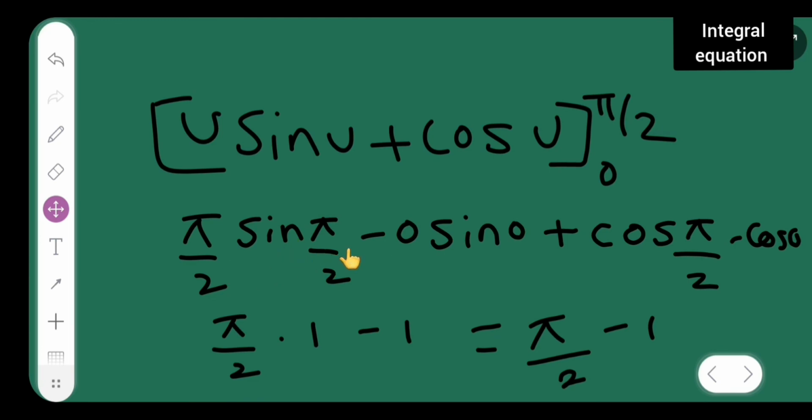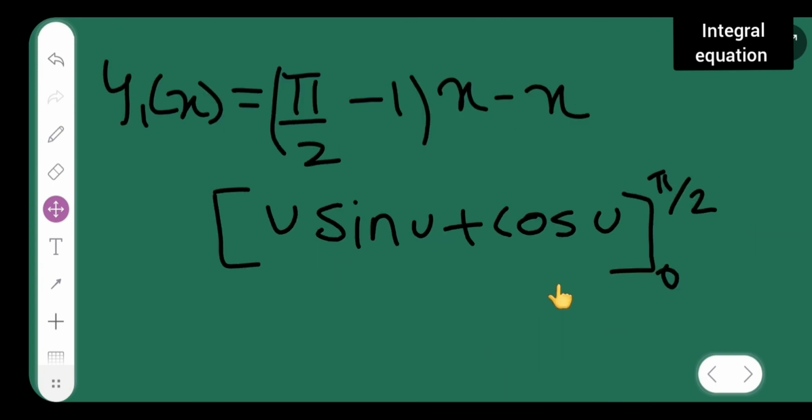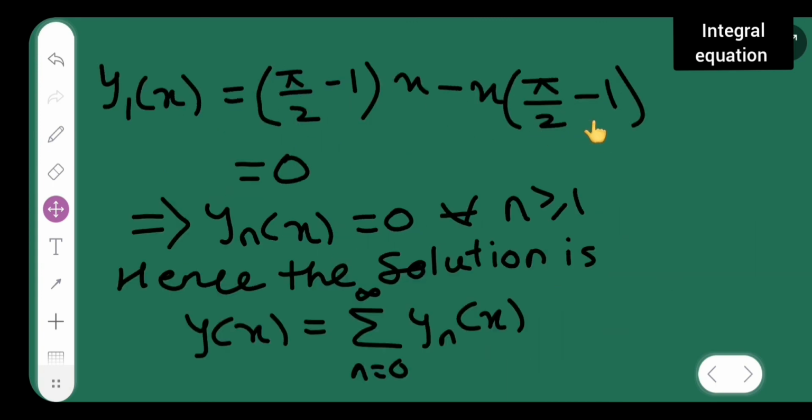The sine of pi by 2 is nothing but 1, so pi by 2 into 1 minus 0. Cos of pi by 2 is again 0. Then minus the lower limit: cos of 0 is 1, but this minus is also there, so minus 1. So what is this? Pi by 2 minus 1. That's what I have written over here.